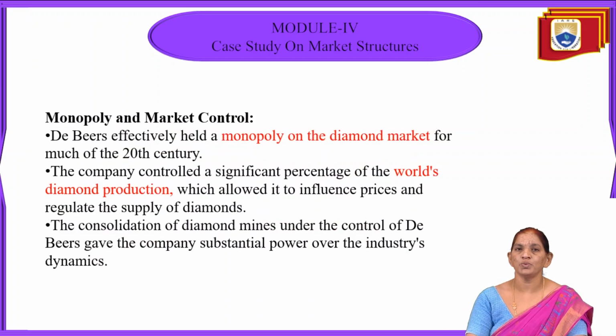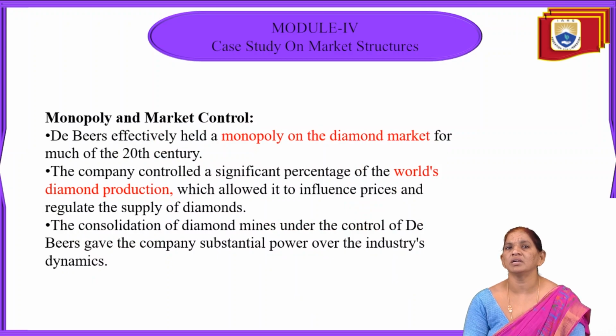First, we'll see De Beers' monopoly and market control. It effectively held a monopoly on the diamond market for much of the 20th century.